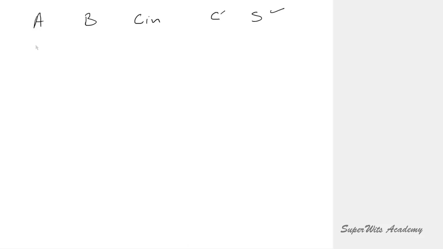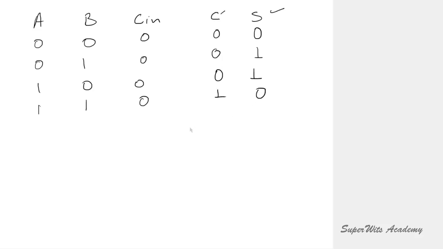So we have values like 0 0, 0 1, 1 0 and 1 1. When there is no previous carry, the output will be similar: carry 0, sum 0, then carry 0 again, sum 1, carry 0 again, sum 1, and carry 1 and sum 0.